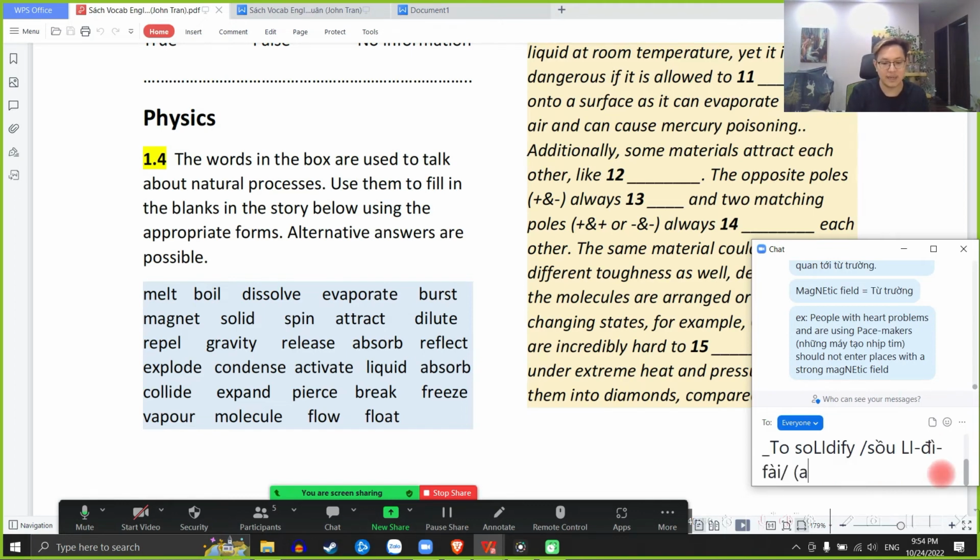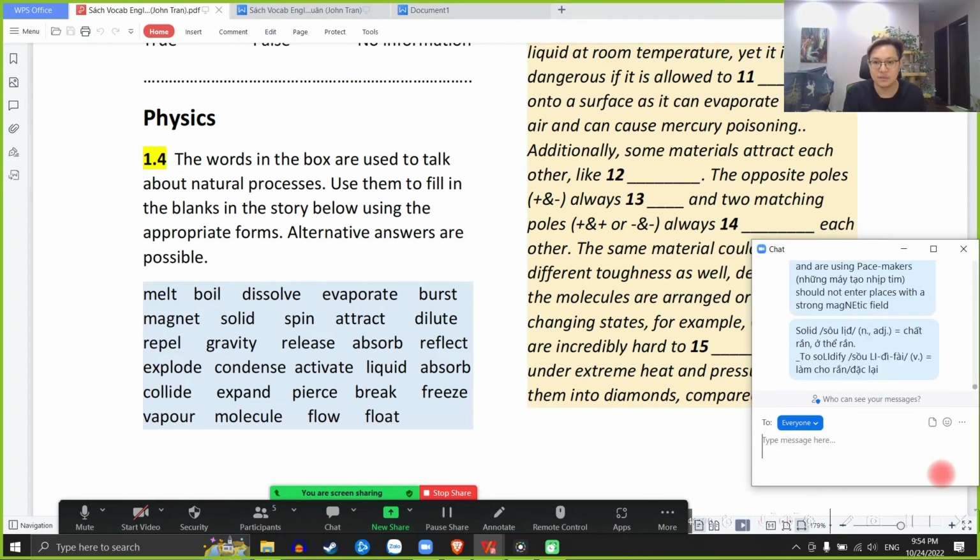To solidify là rắn lại, làm cho rắn lại, làm cho đặc lại. See, of course, there will be a noun, solidification. Sự đặc lại thành chất rắn. So the formation of a solid, you know, sự tạo thành của chất rắn.